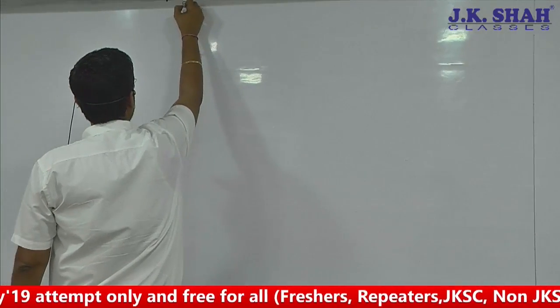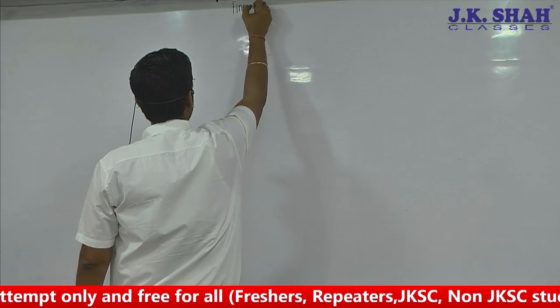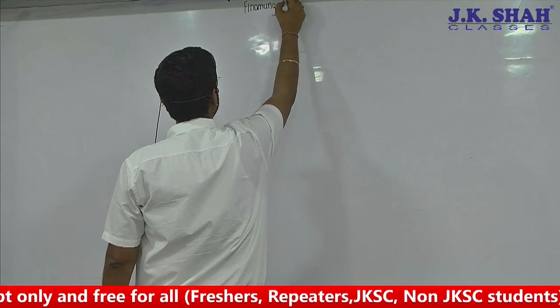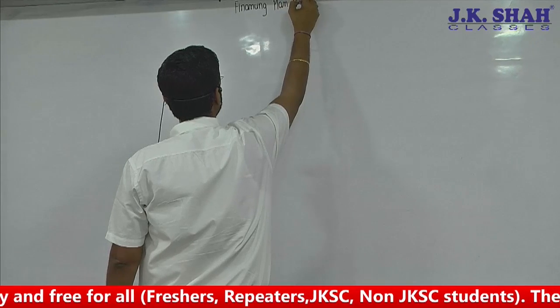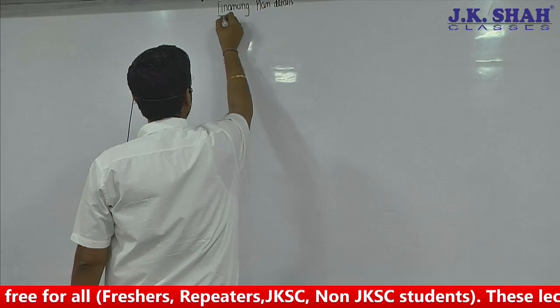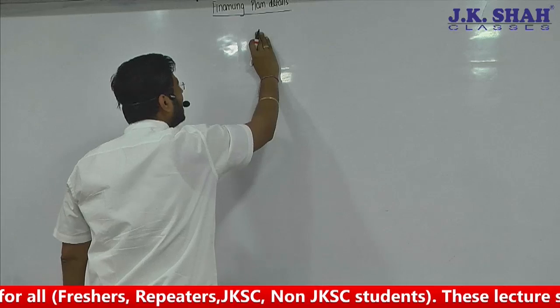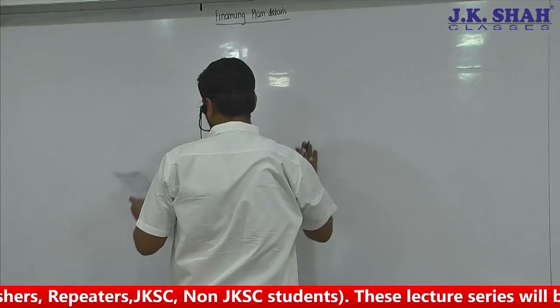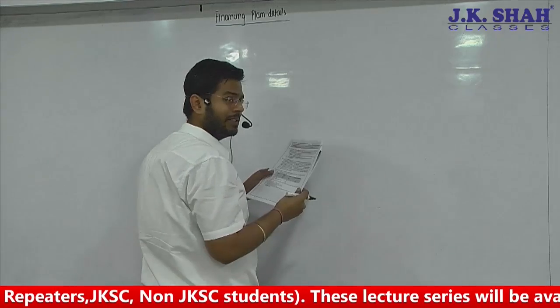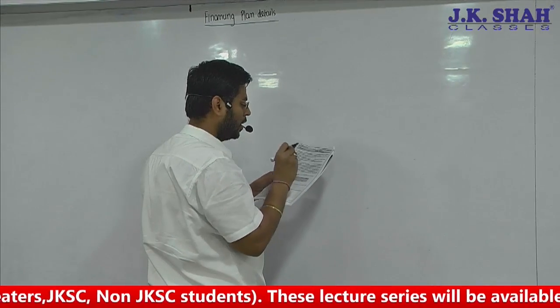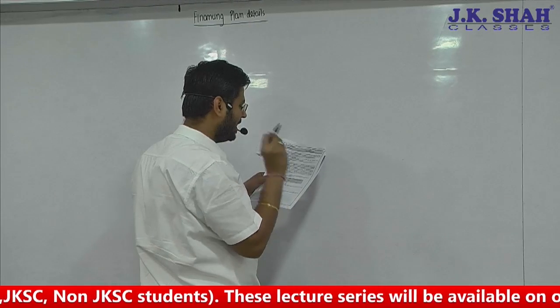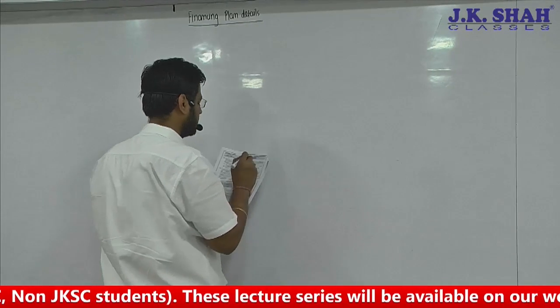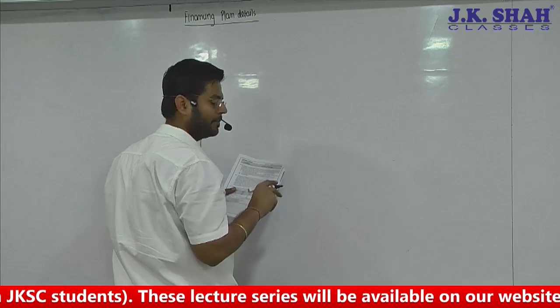So you will be preparing this table whenever you have to solve a sum on capital structure. Now first, if you notice in the question, we already know how much money is needed. We require 4 lakh rupees. So funds required are 4 lakh.